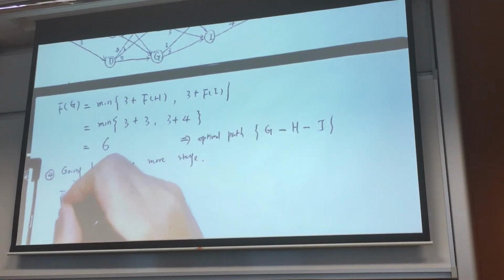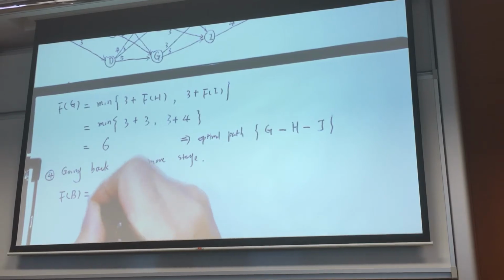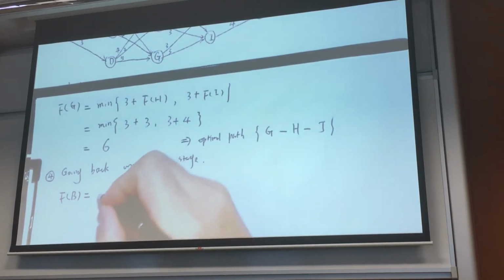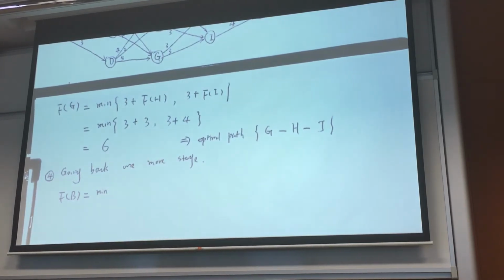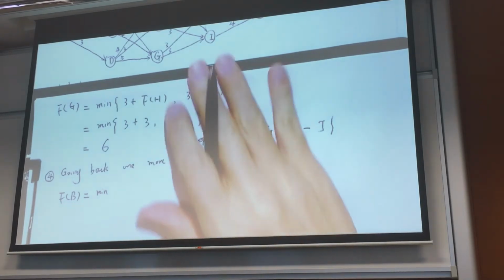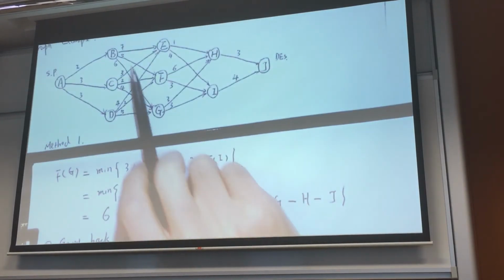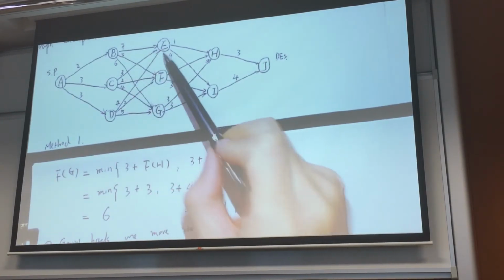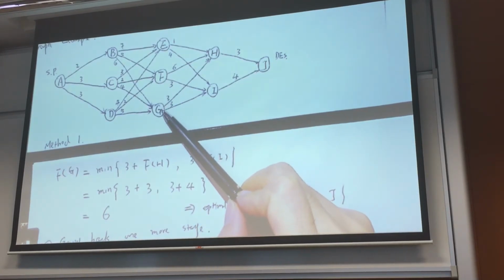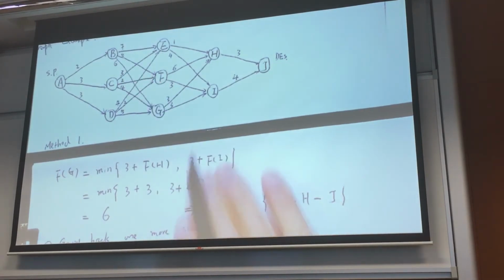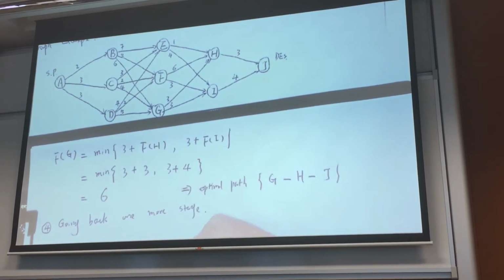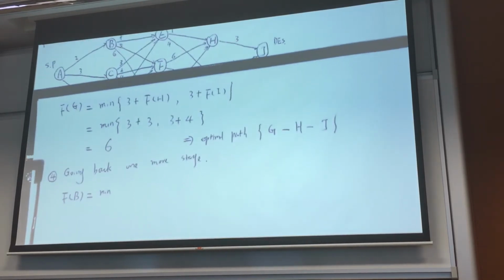So that will be, we can calculate this FB. FB we got 3 options, to E, to F, and to G. So these are given by the minimum, there are 3 options.